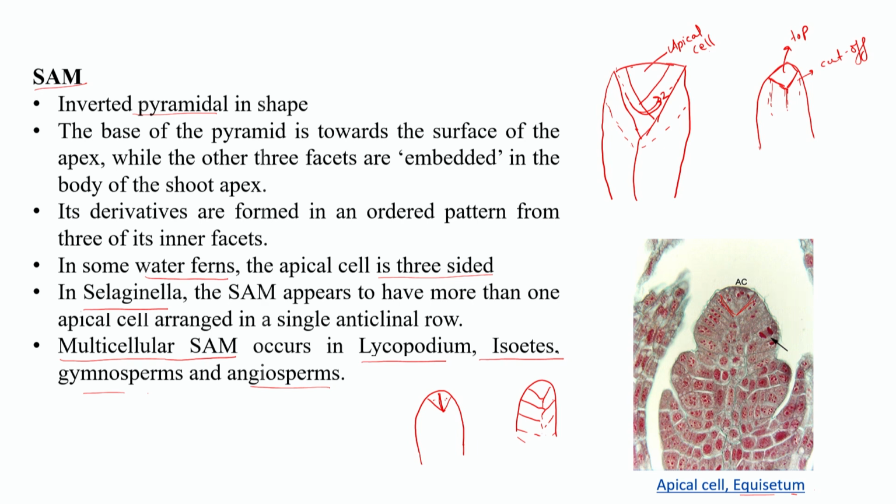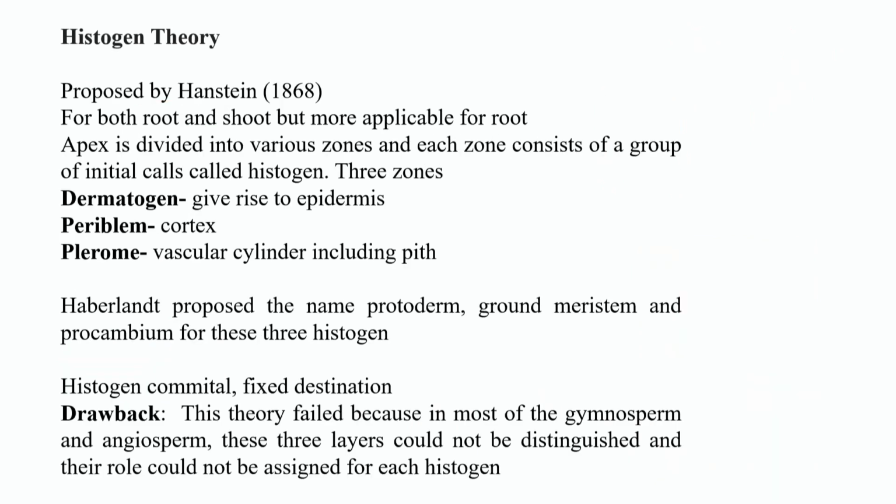Later, because this apical cell theory could not clearly explain the organization of the complex structures present in higher organisms, it was said that it could only explain the vascular cryptogams, whereas for higher plants, new theories were proposed.